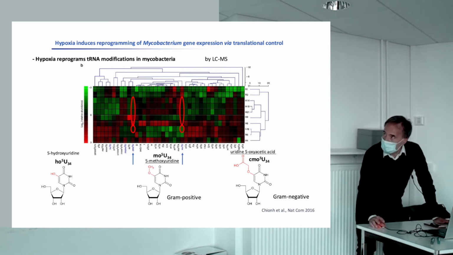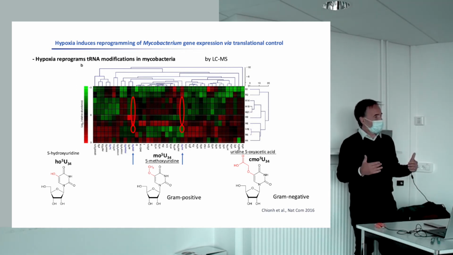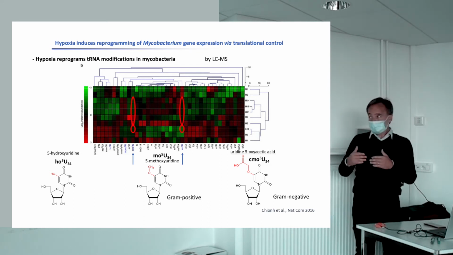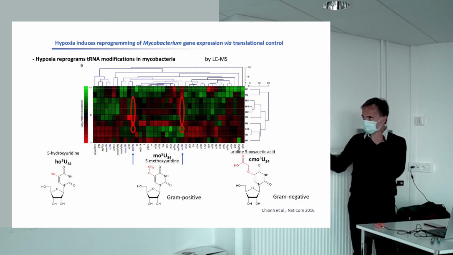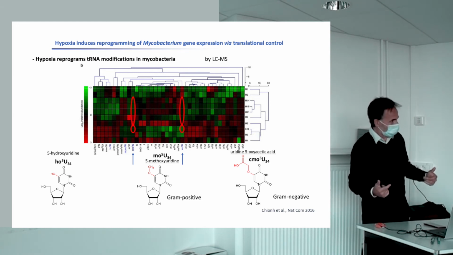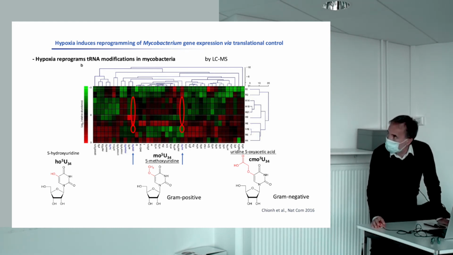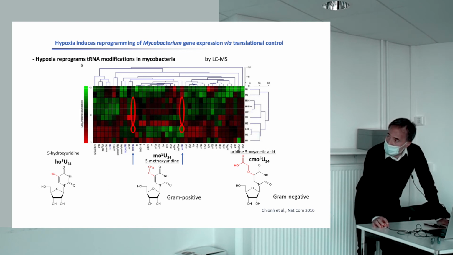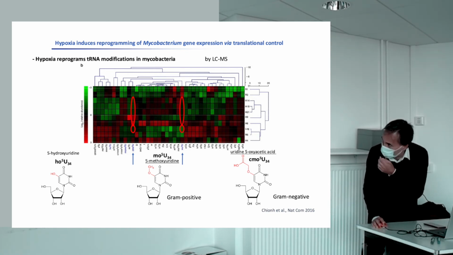So here they take total tRNA from cells that were growing in normal condition in the presence of oxygen and cells that were grown under hypoxia condition, stronger and stronger hypoxic conditions. So here, for example, you have different days of growth in the absence of oxygen or in very limited amount of oxygen. And when they look at the presence of the modification on the total tRNA, they see that there were two modifications that were changing during this stress.